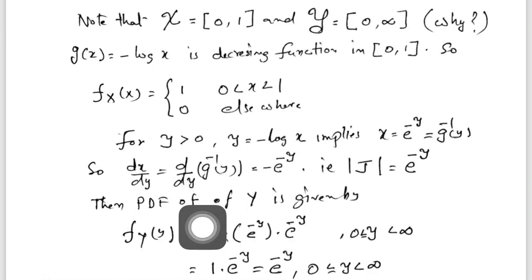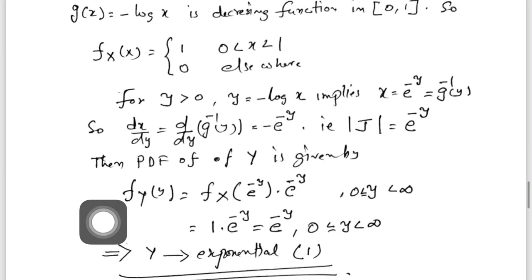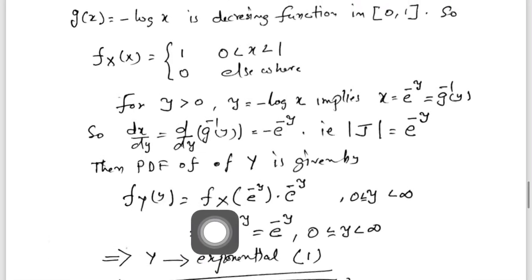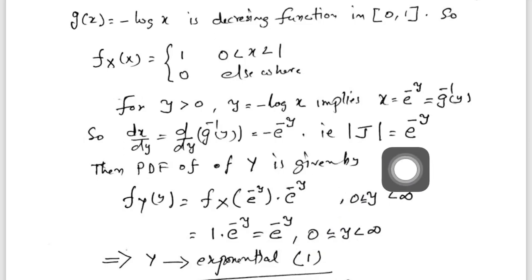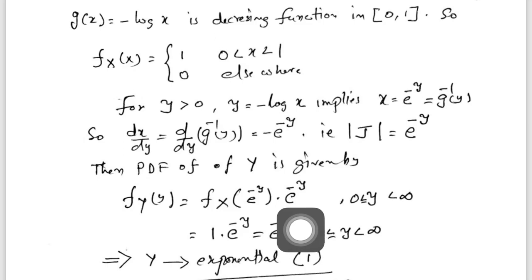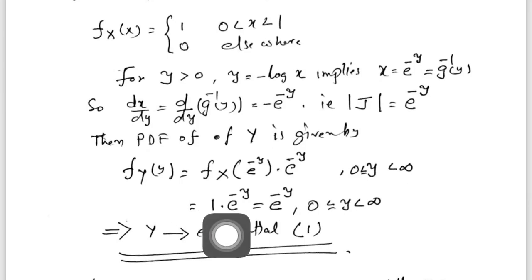Right? Then what is the PDF using the formula? The PDF is given by fy of y is equal to fx of g inverse y into modulus of Jacobian. You substitute this modulus of Jacobian, e to the power of minus y, in the formula, and you will get fy of y is equal to 1 into e to the power of minus y.